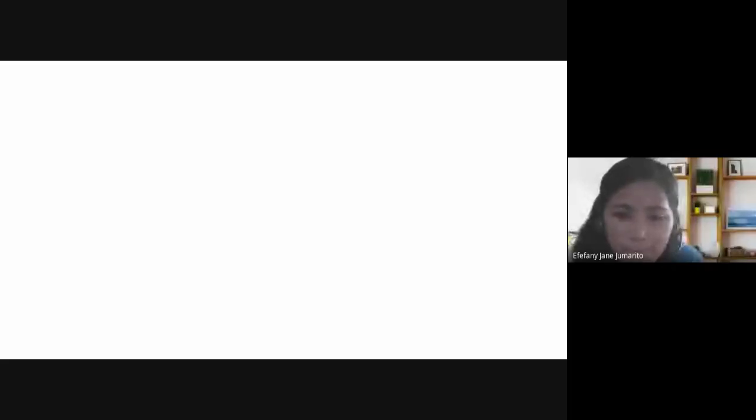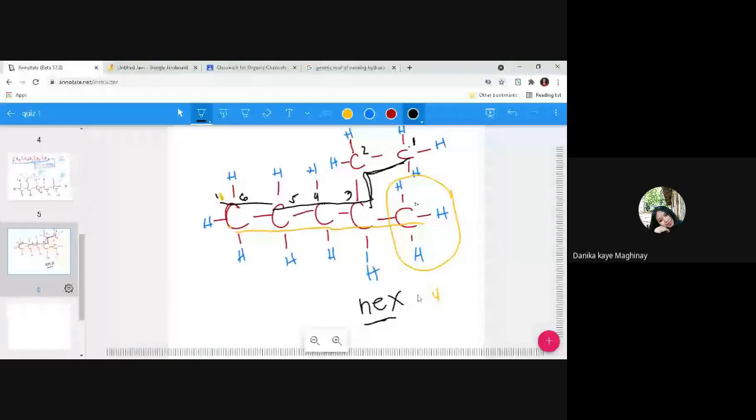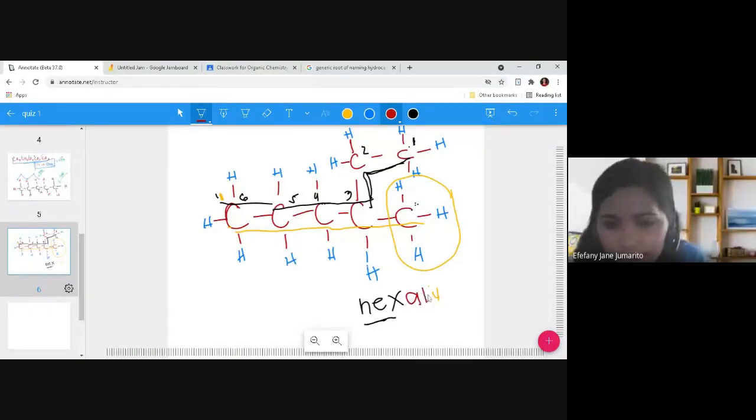What type of chain is present here? Alkane, ma'am. Since we have an alkane, we will use ane. Okay, so let's add ane. And so that is hexane.